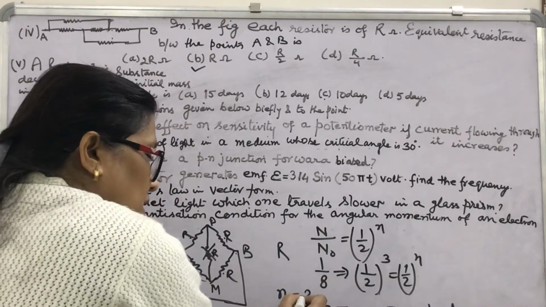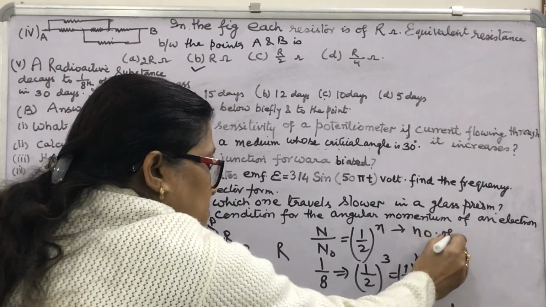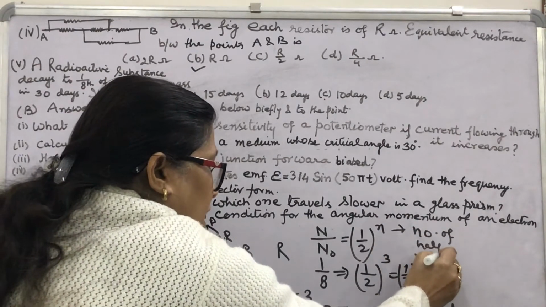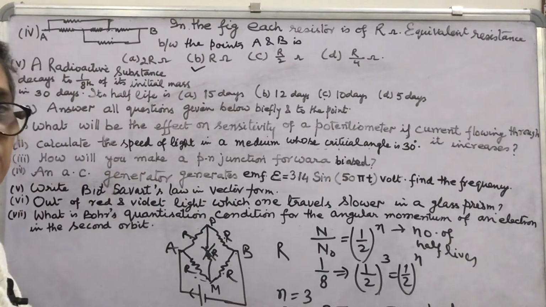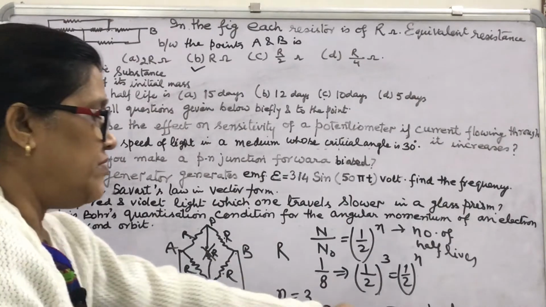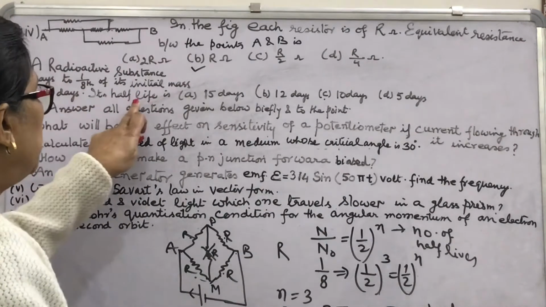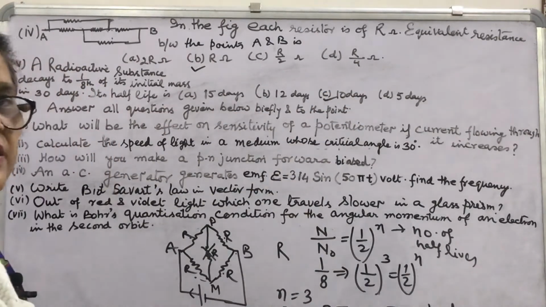Because what is n? Remember in words, n is the number of half-lives. So we have written 3 half-lives, and this time interval is 30 days, so the half-life will be 10 days. So which option will be correct? This one, which is 10 days.